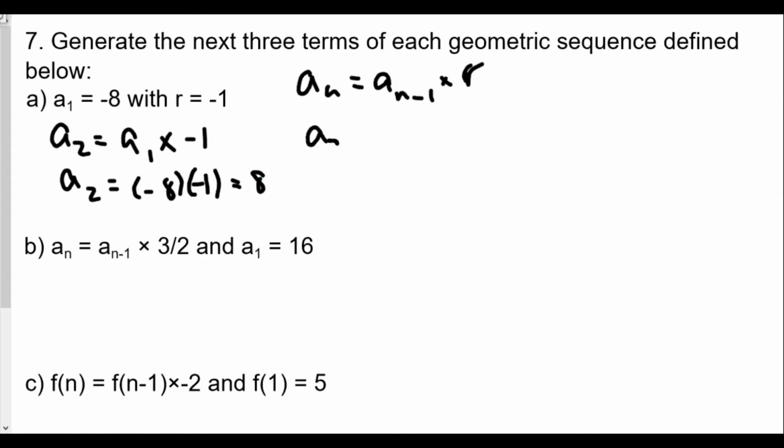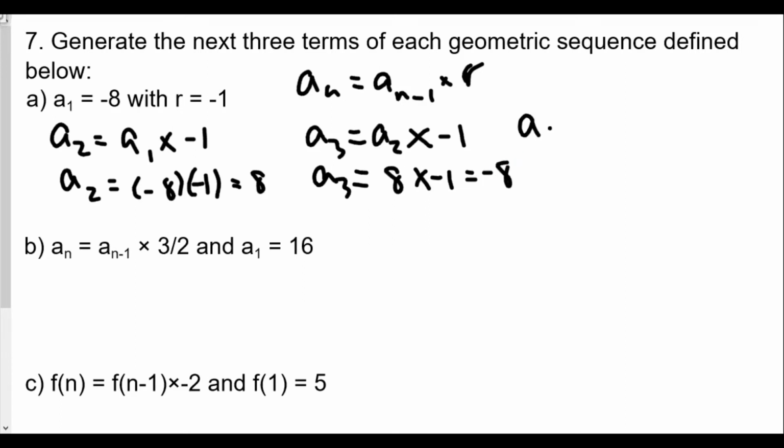A3 would then be equal to a2 times the r value of -1, so a3 is equal to +8 times -1, which is -8. And finally, a4 is equal to a3 times -1, the r value. Therefore, a4 is equal to -8 times -1, or +8.